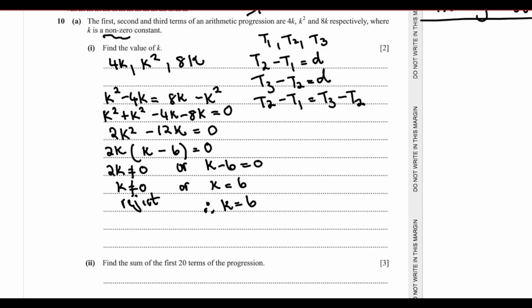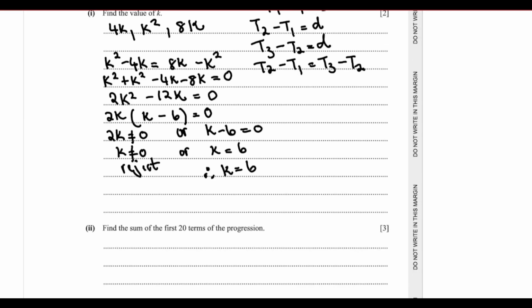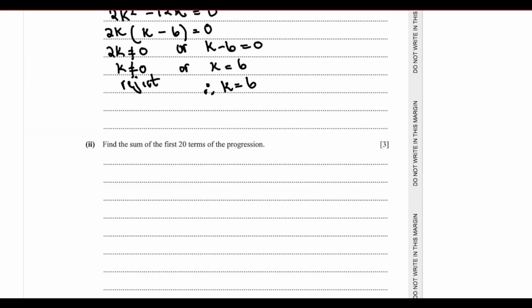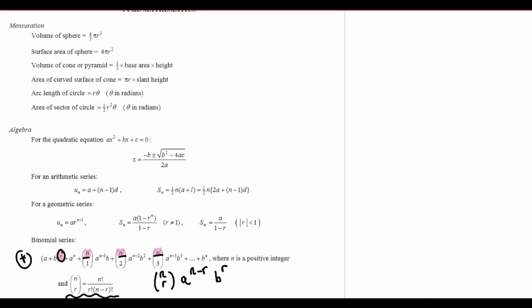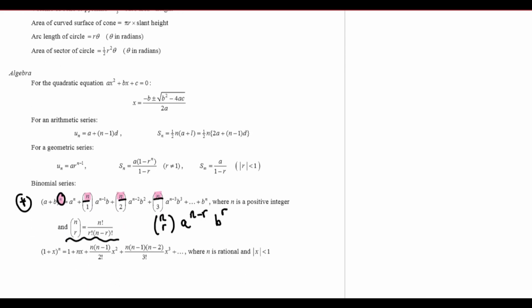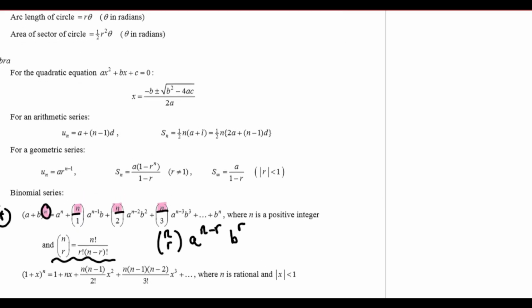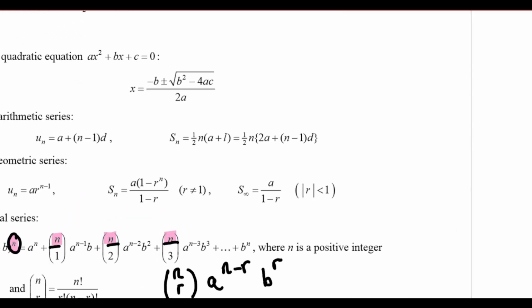Okay. 2. Find the sum of the first 20 terms of the sequence. Now, this is an arithmetic series, basically. In your formulae list for an arithmetic series, you have these two formulas.